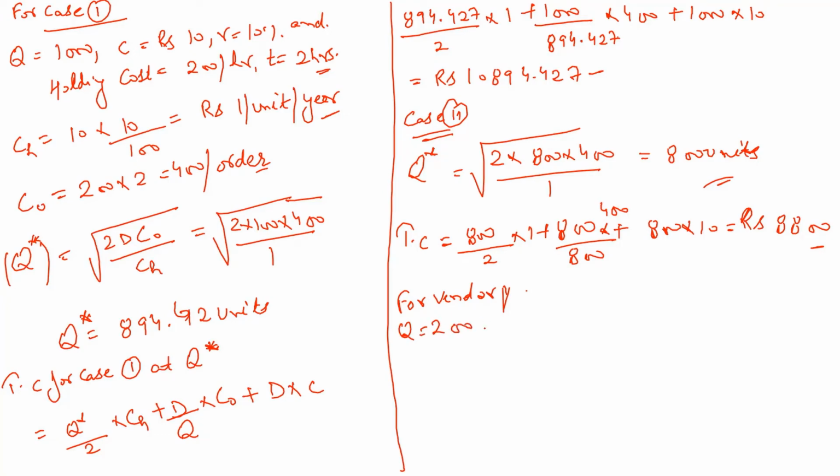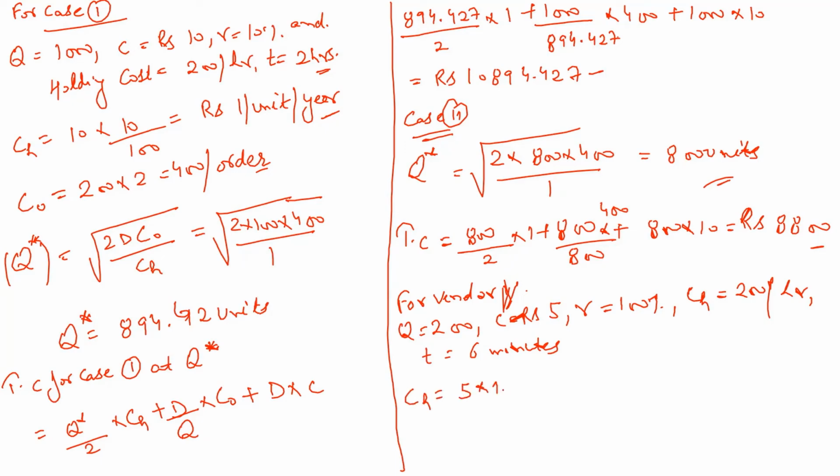Similarly for vendor Y, because in the second case two vendors are there, D would be 200, cost is given as 5 per piece, downtime cost is 200 per hour, and the time is 6 minutes, right? In that case CH should become 5 into 100 by 100, which is rupees 5 per unit per year.